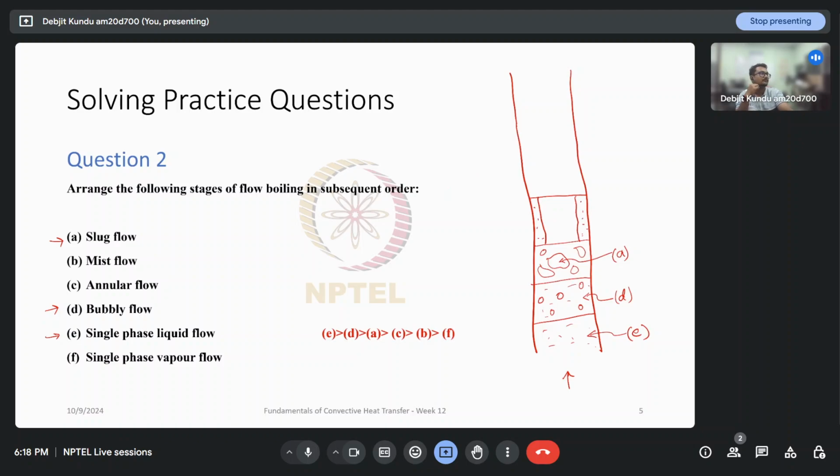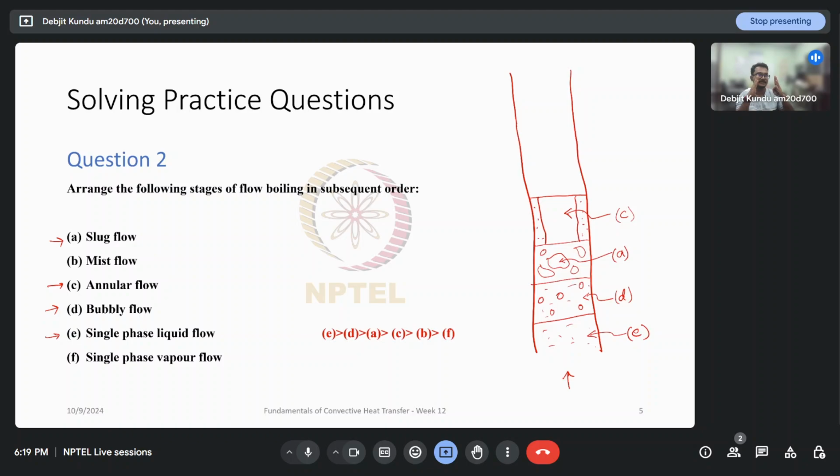This kind of flow is known as annular flow because the vapor occupies the inner section of the duct, and the liquid is present in the annulus of the duct, which gives it the name annular flow, which is option C. So after A, we get C.